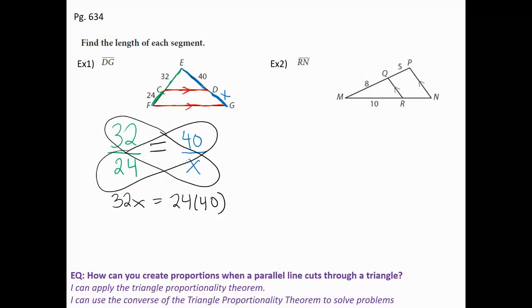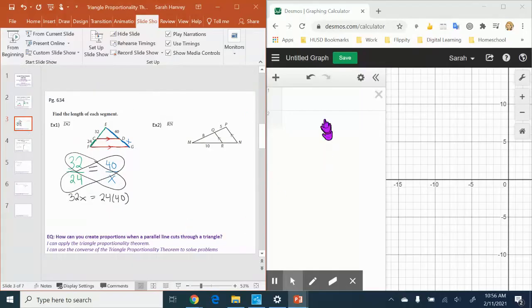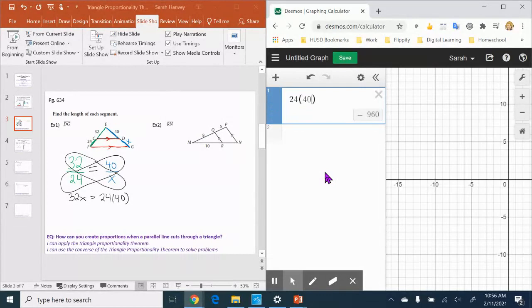Desmos is a really good tool to use when we're doing these problems. You could actually do this using this part of the graphing calculator. So you're going to have 24 times 40, and you get 960.